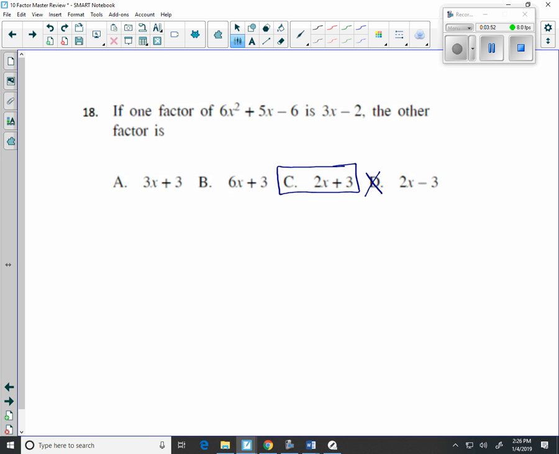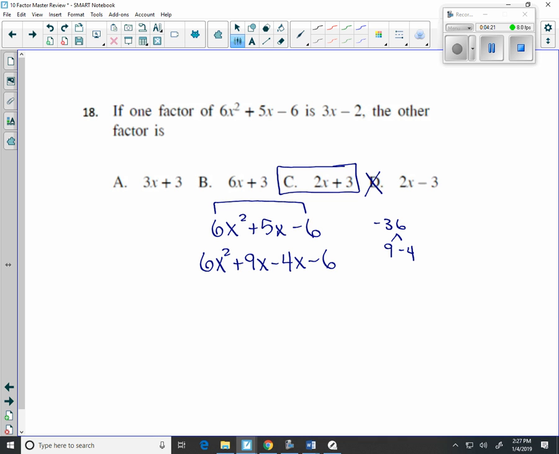The other thing you can do here is just factor. 6 times negative 6 is negative 36. My factors that add to 5 are going to be positive 9 and negative 4. 6x squared and 9x have 3x in common.